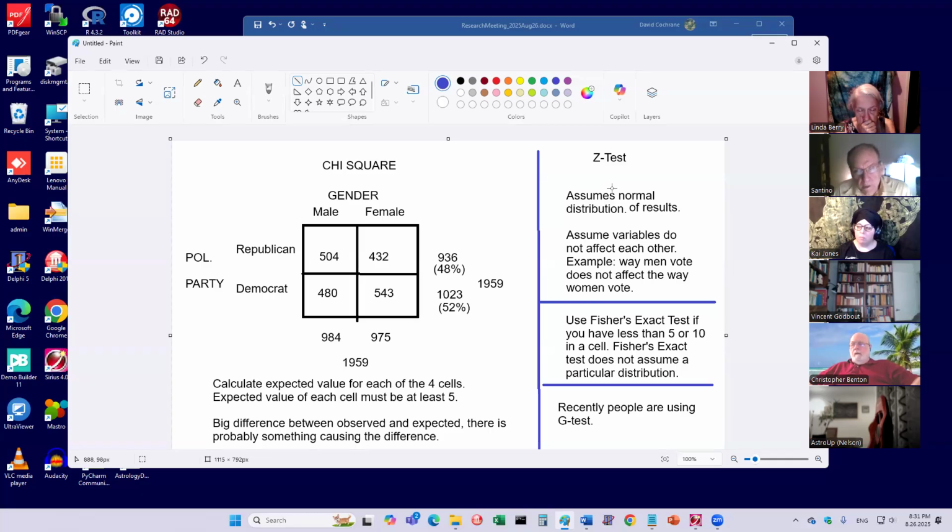So if you report a one-tailed test, your p-value is twice as good as if you do a two-tailed test, which you're allowed to do, but when you read the research, it helps if you understand these things. Or if somebody's doing a z-test and another person is doing a Fisher's exact test, the Fisher's exact test typically doesn't give results quite as good as a z-test.